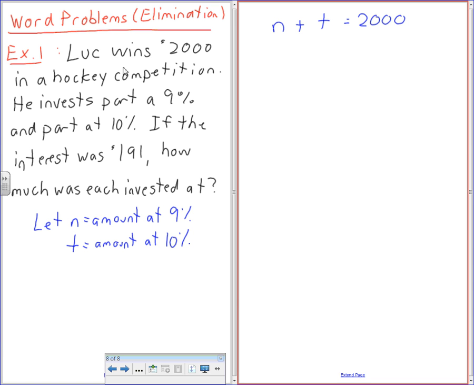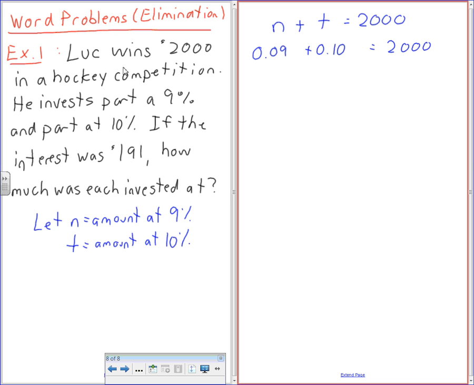Does anyone want to try the messier example, the second equation? The second one is a little bit more difficult. No pressure. Okay, go ahead. Give it a try. Like the change in the percentages? Yeah. Okay. 0.09 plus 0.1 equals 2,000.